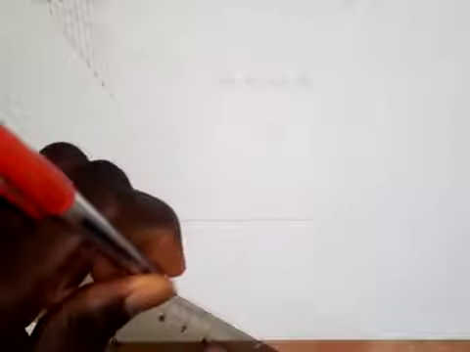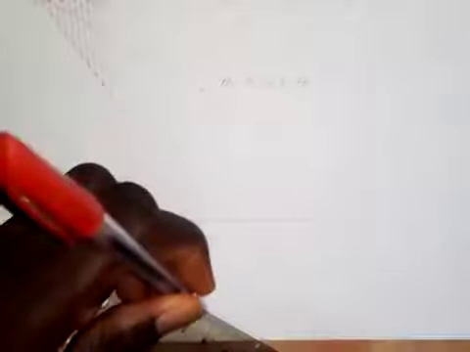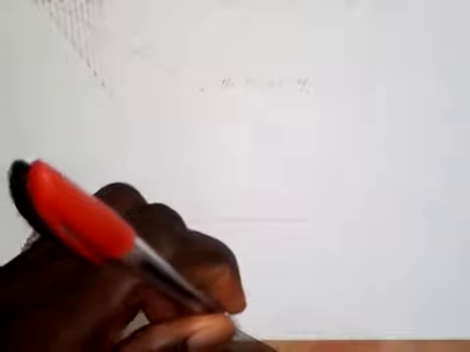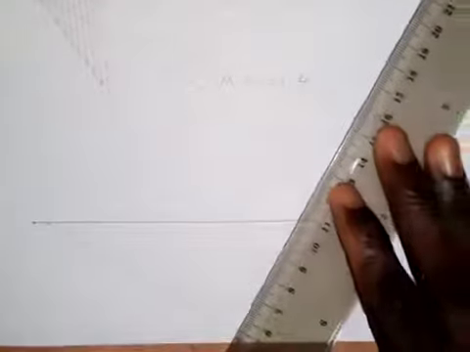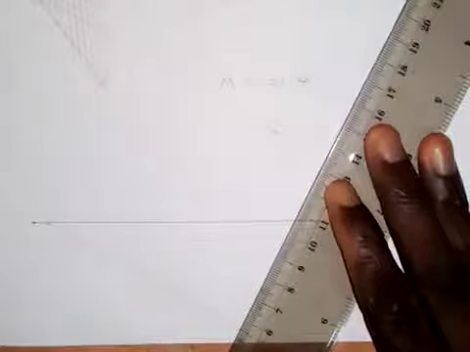So this is 15 millimeters, that is 1. So this is 2. So this is 3. So this is 4. So here we have this to be 5, and this is 6, 15 millimeters. Then we connect the last division to the end of the line where we ended that 10 centimeters.